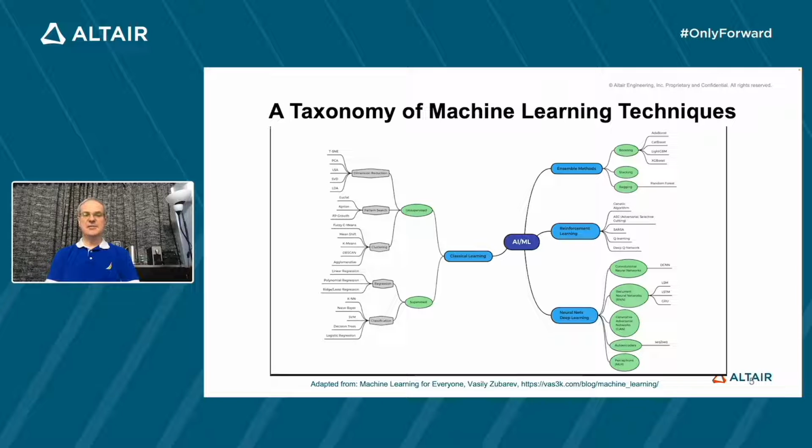On the right-hand side of this map, ensemble methods, reinforcement learning, and deep learning neural networks are present. These newer approaches are not as familiar, and frankly, the mathematics can get very detailed and beyond the layperson. You need to study these techniques well to understand them. So clearly, there are many different approaches to artificial intelligence and machine learning, and this leads to many questions. One question we will look at on the next slide is, what are real-world applications of AI/ML?